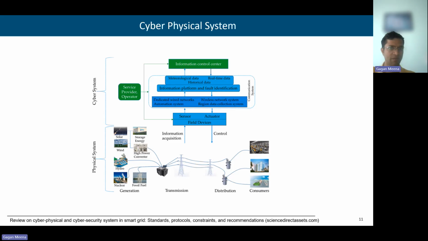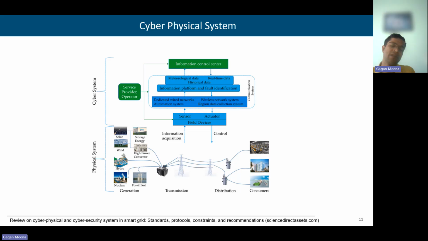So this is an example of the cyber physical system here. Above you can see the information control system, and then there are different types of data which are to be communicated to the physical system. For example, the meteorological data, real-time data, historical data, information platform and fault identification, dedicated wire network, automated sense system, wireless network system with regional data collective system.